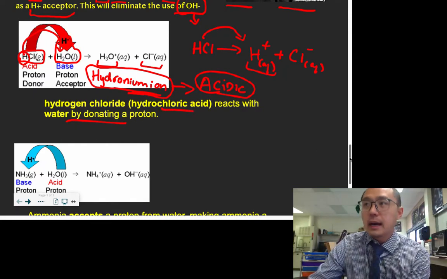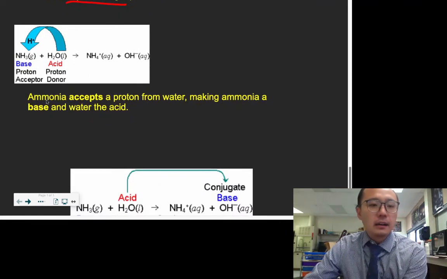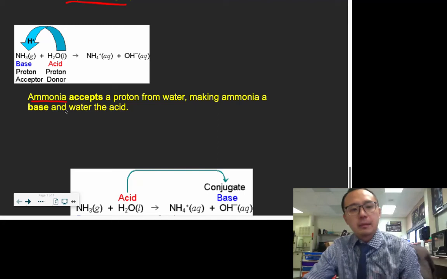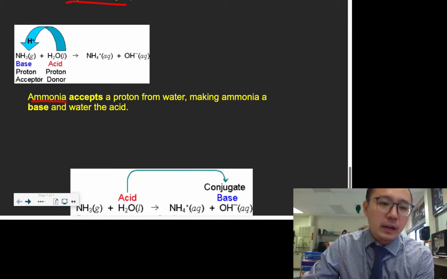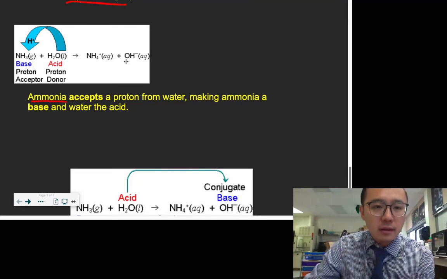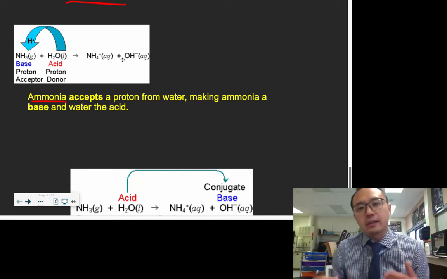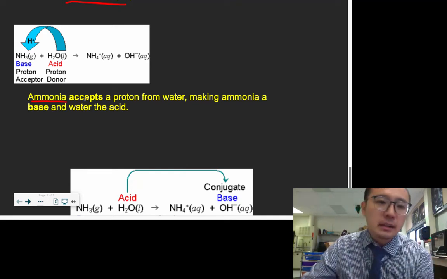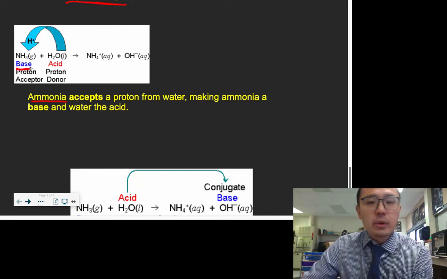If we were to look at a base, how is ammonia a base now? Remember, in Arrhenius' theory, it's about your hydroxide, whereas Bronsted and Lowry is talking about the movement of H plus. And a base is where it accepts a proton. So when ammonia gas is dissolved into water, the water actually becomes the acid.